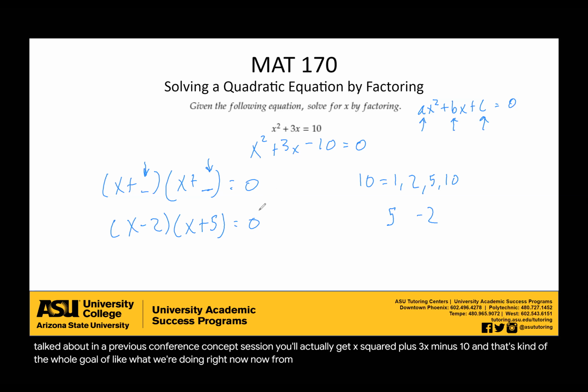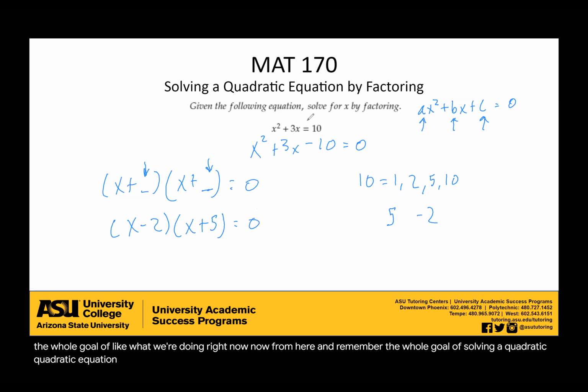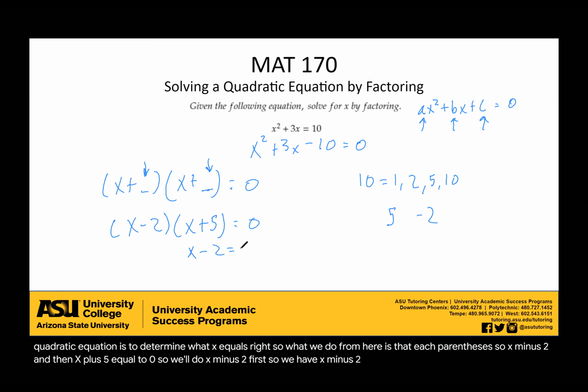Now, remember, the whole goal of solving a quadratic equation is to determine what x equals. So what we do from here is set each parenthesis, x minus 2 and x plus 5, equal to 0. We'll do x minus 2 first. So we have x minus 2 equals 0.